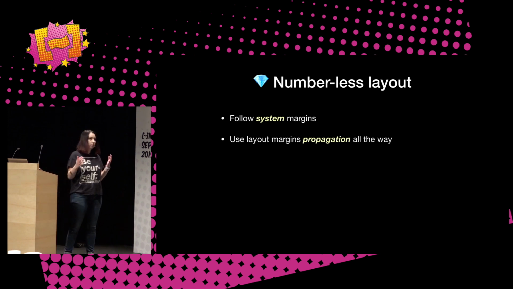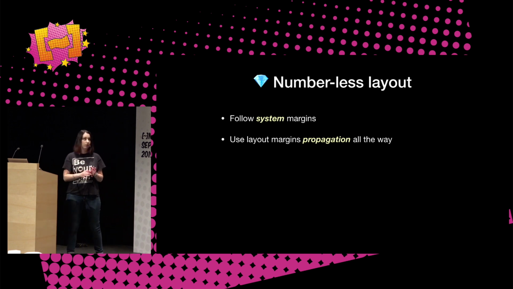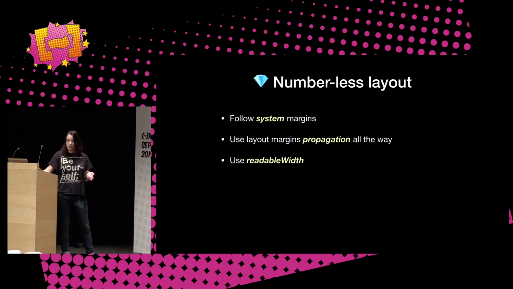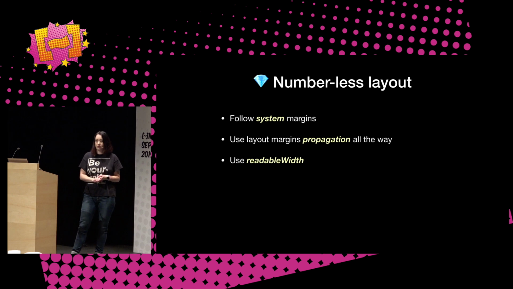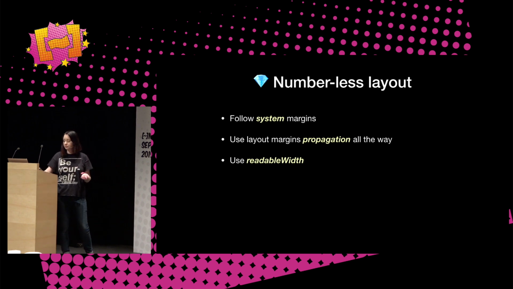If you use this layout margin propagation mechanism and set preserving parent margins on all your views, you don't need to do any custom spacing or frame calculations for other views in your view hierarchy. And if you use readable width, it helps you make more readable UIs on larger screens, like in landscape on phones, and on iPad.